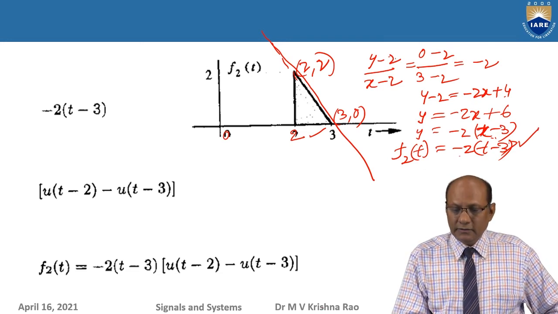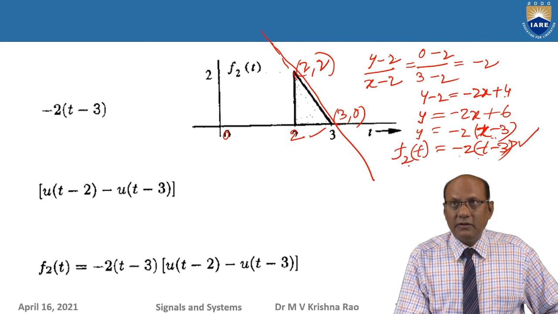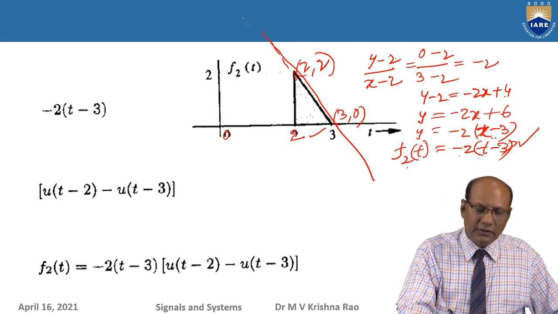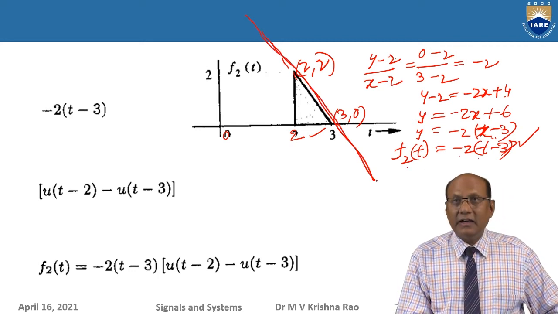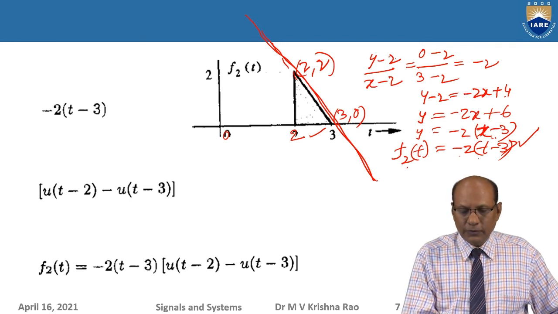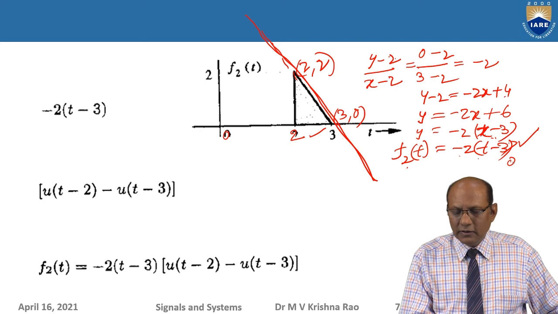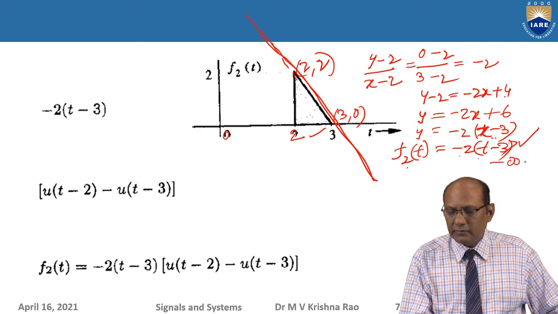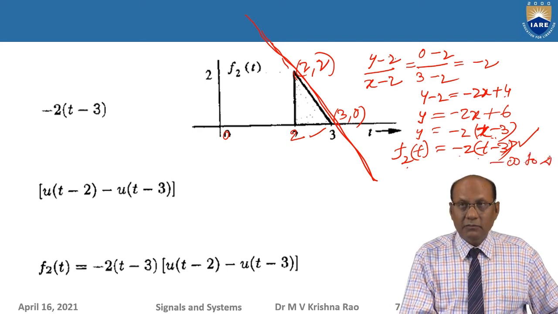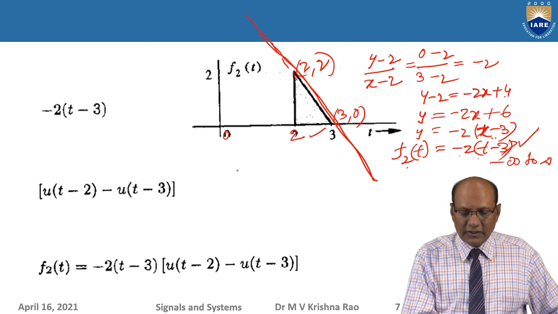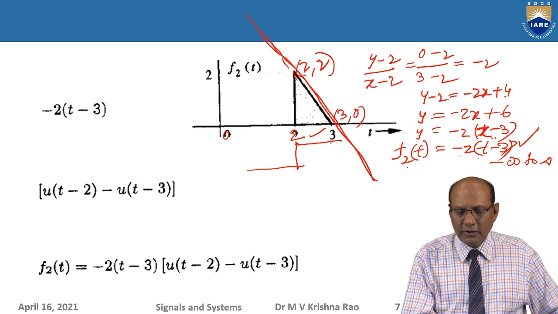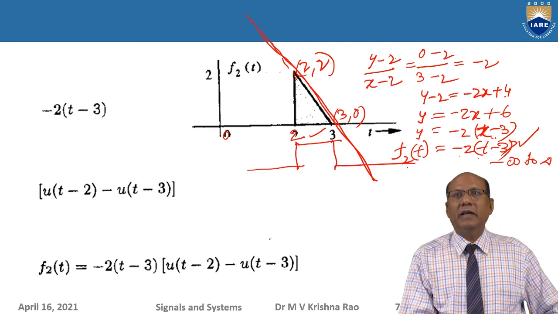And this is not really f2, because it is the infinite straight line, from minus infinite to plus infinite. But I want to get only a segment of the straight line, so I have to capture only this part. So I have to multiply this function by another pulse.